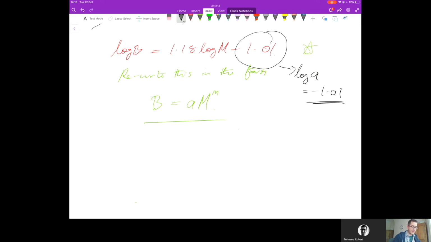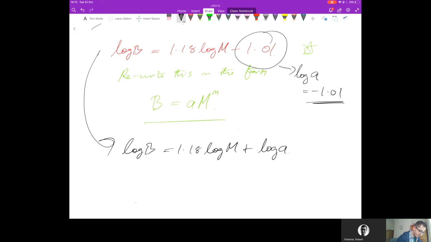That's perfectly okay. I can define a new algebraic term as something and then substitute it in. Let me rewrite this equation now. Log of B is equal to 1.18 log big M plus log of A, provided that log of A is equal to minus 1.01.